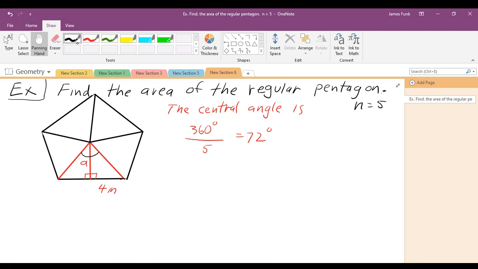So what I'm trying to say is, if you look at this angle right here, it looks like a circle. That's 360 degrees. You divide that by 5, like in this problem right here, we got 72 degrees. Each one of these central angles here is 72 degrees.